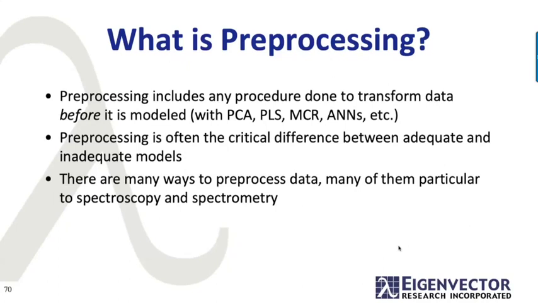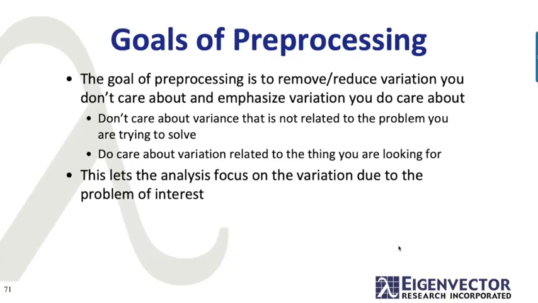So there are a lot of ways to pre-process data. Many of them are particular to spectroscopy and spectrometry. The goal of pre-processing in general is to remove or reduce variation that you don't care about and emphasize variation that you do care about. So you don't care about variance that's not related to the problem you're trying to solve, in our case, variation that's not related to the concentration of glucose.